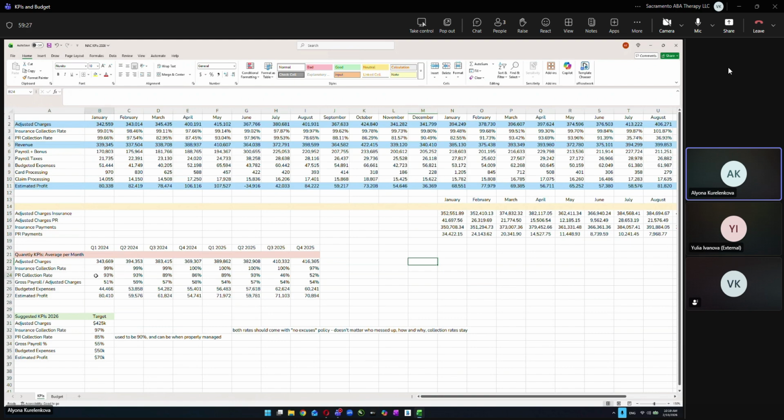Based on these good months, we have two different options. Option number one, I know that Josh dropped the ball a little bit here. That's why it's 86. And I know that 90 is totally realistic, and it used to be 90. So option number one is to put it at 90 as a target.